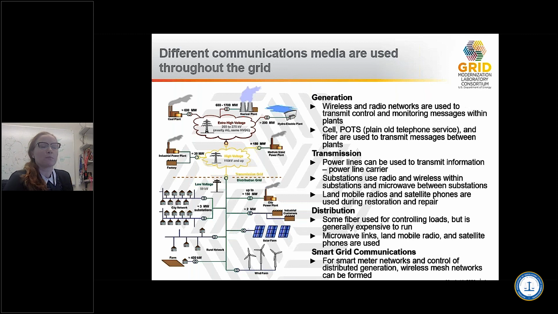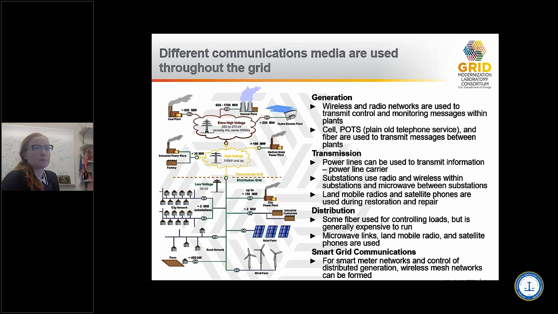So I'm talking about plant information here, where you would see the status of a machine or the status of the large generator reporting up to either internal measurement or out to the independent system operator, for example. Various things are used here, which you'd be surprised in some cases just the plain old telephone service is still used. But fiber optic is becoming much more common, and in remote areas, cellular communication also.